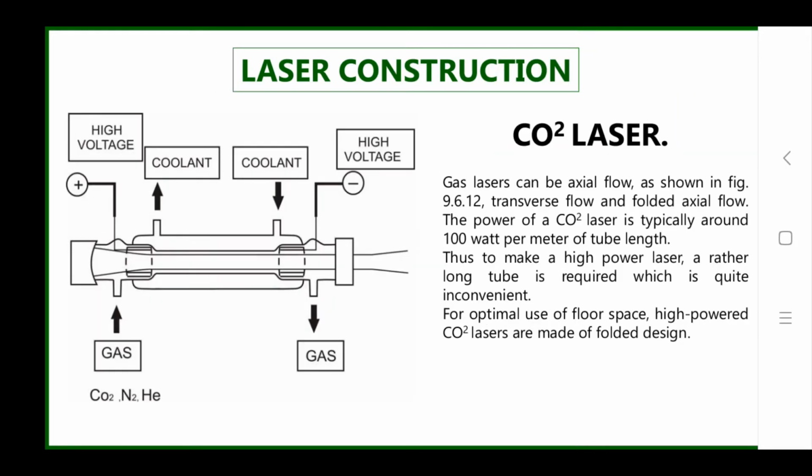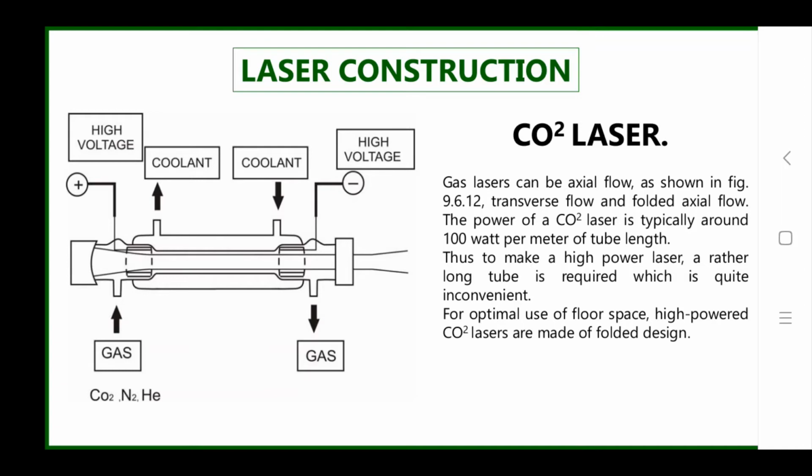Now we will see the construction of these lasers. So first I will discuss the CO2 laser. Here I have shown the figure of the CO2 laser. Gas lasers can be axial flow, as I have shown in the figure, transverse flow and folded axial flow also.